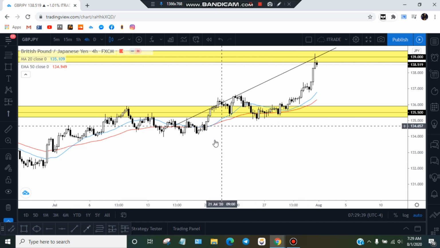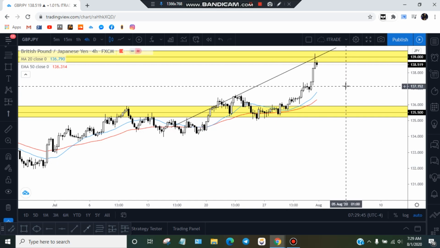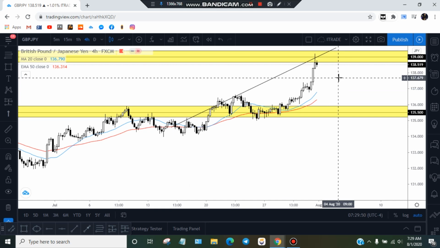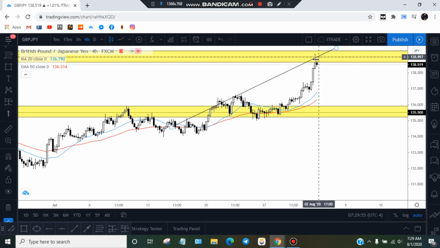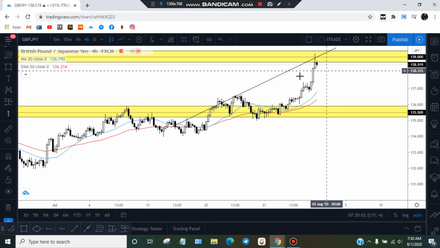This is just something else that's gonna support. It's another confluence, another resistance, just to support my selling bias, right? Because I'm looking for sells because we're at a daily resistance. You see this giant wick signifying rejection, right? So we're looking for sells.